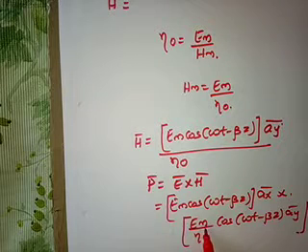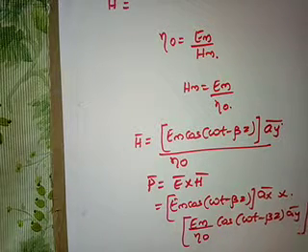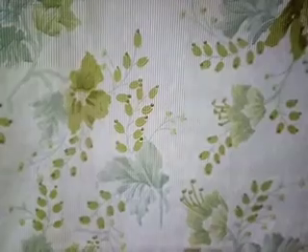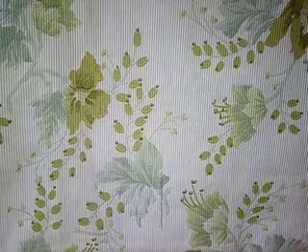So Em into Em, that is Em square, cos omega t minus beta z into cos omega t minus beta z, that will be cos square omega t minus beta z. Ax cross Ay bar will be Az bar. So what will be the product then? Yes students, what will be the product?